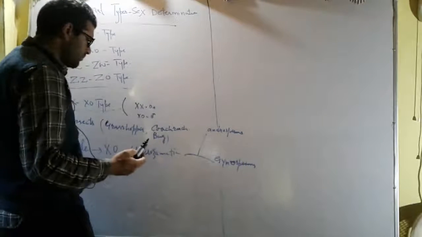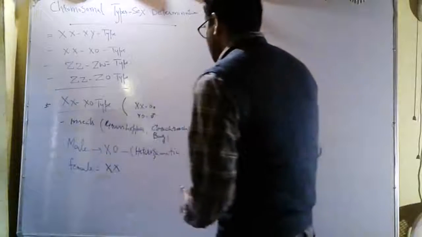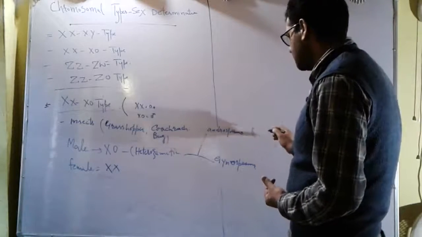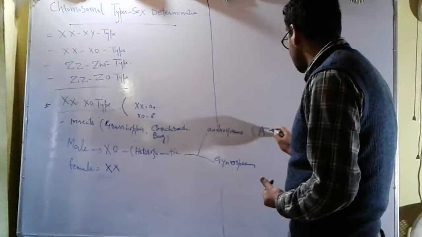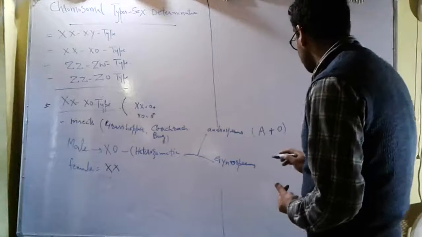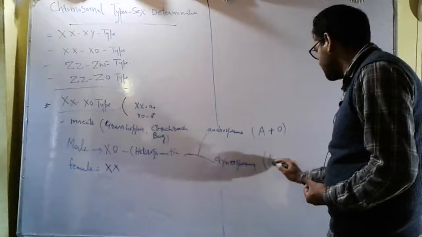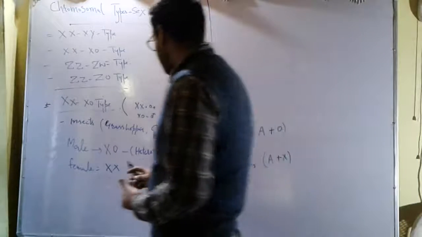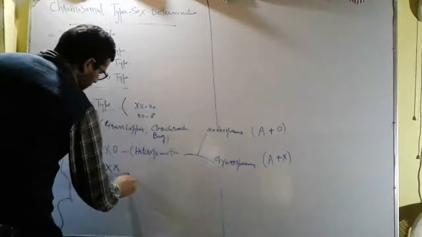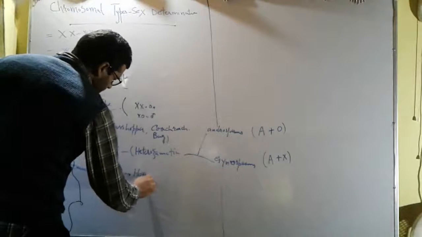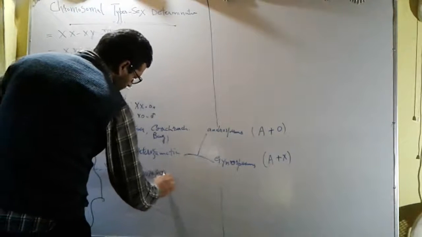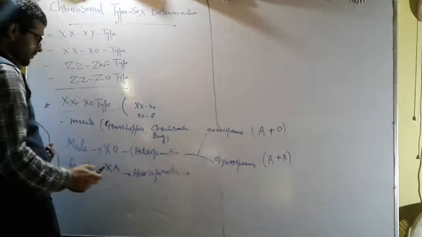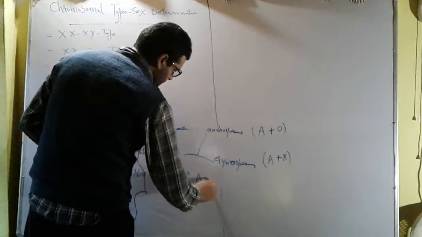Androsperms are those sperms which have autosomes plus 0, and A plus X, whereas females are homogametic. They produce only one type of gamete, that is A plus X.